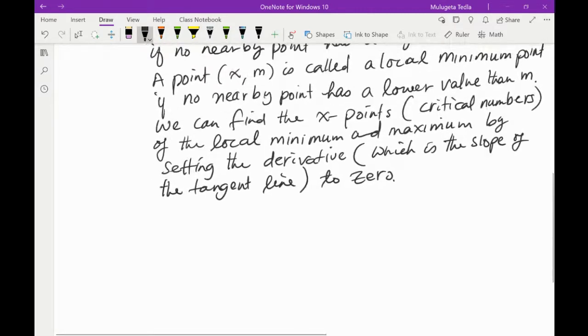So if you have a function f of x and you're trying to sketch its graph, then if you set f prime of x equal to zero, the x value you get will be a critical number.